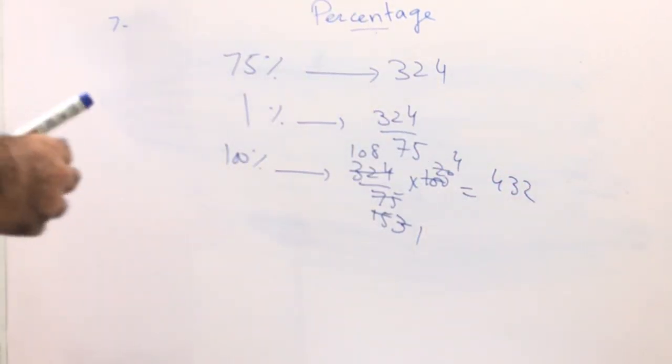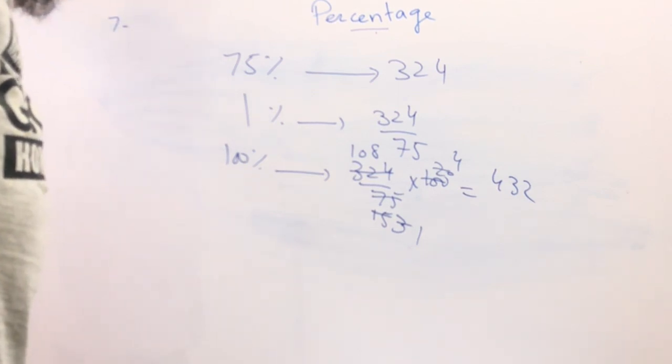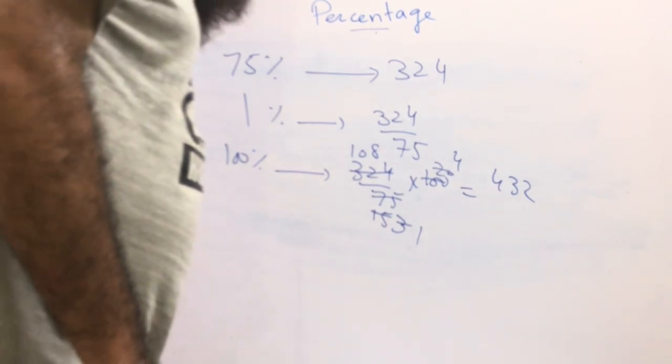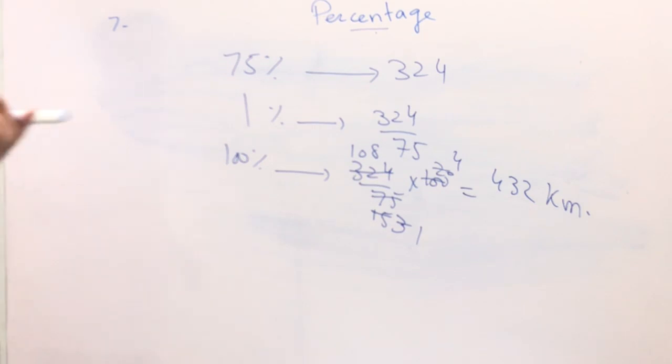So the total is 432 kilometers. I think this is the simplest way.